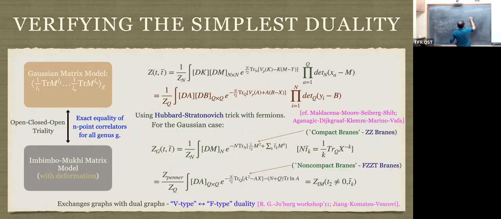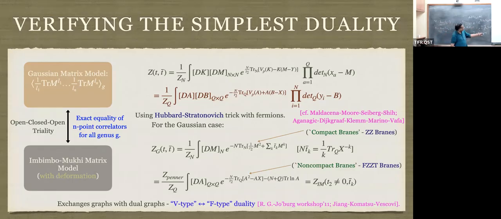Now, a determinant in m, I can also rewrite it as this dk bar, which is what I've written there. It's basically the trace over q of x to the minus k. I basically expand this log.